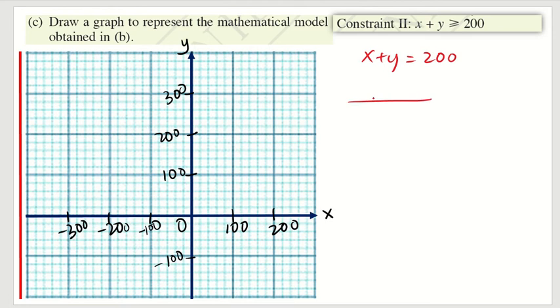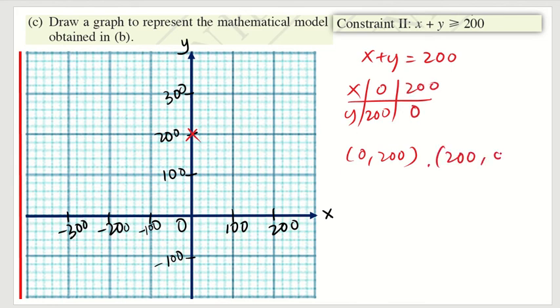Then you draw a table. x equal to 0, y equal to 200. So you get 0, 200. Mark it. And another one, y equal to 0, x equal to 200. Another one, 200, 0. So mark it. Then after this, very simple.